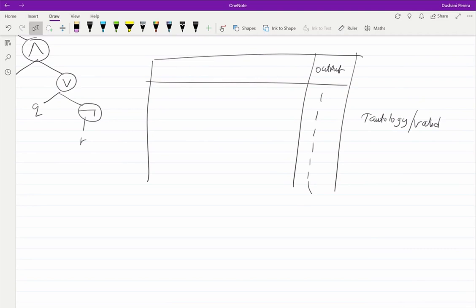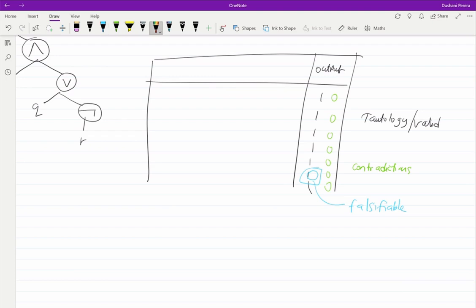If in case all of these outputs are zeros, then we call this formula a contradiction, where none of the outputs satisfy the formula. Then, if there's a case where at least one of these outputs is 0, then we call this a falsifiable formula, which means there's at least one case which makes our formula false.